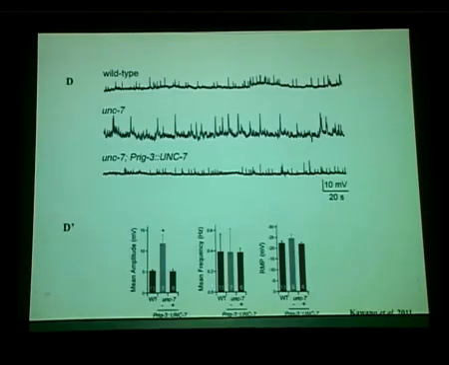We can also observe this directly by intracellular recording, where we patched AVA neurons in the dissected C. elegans prep. We find these excitatory EPSCs have an increased amplitude, although the frequency was not changed. And this phenotype is specific because we can restore this amplitude by restoring UNC7 specifically in the AVA neuron.